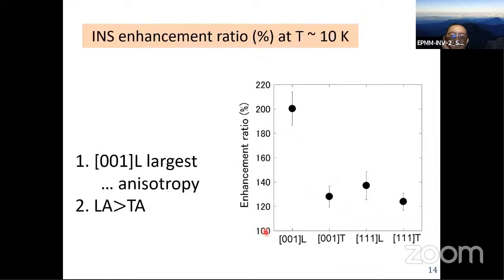So here is the inelastic neutron scattering enhancement ratio at low temperatures. As you see, this enhancement ratio is the largest, observed in the 001 longitudinal mode case. So we observed anisotropy between 001 and 111.